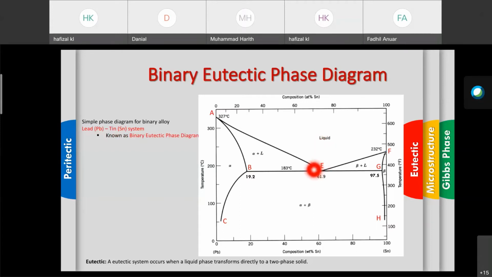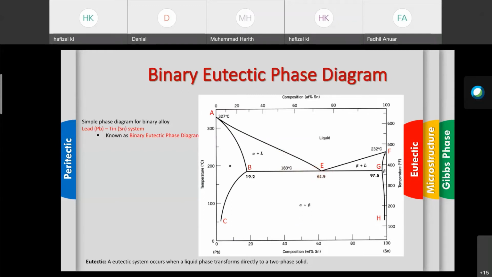If we compare to another line, let's say this line, the liquid also appears during solidification. Also, there is alpha and L in this area, and alpha and beta in this area. But in the case of point E, the liquid jumps directly to alpha and beta.